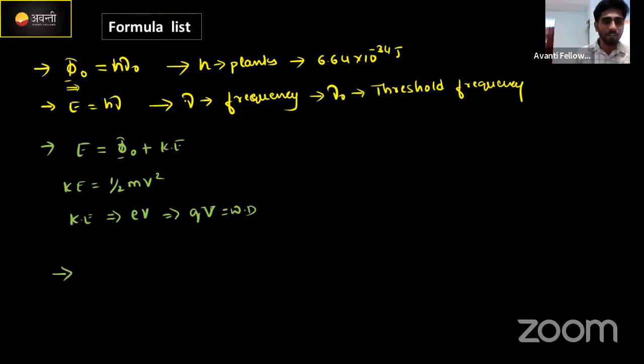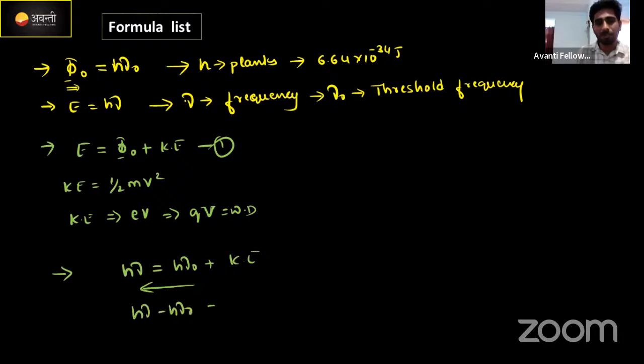Based on equation number 1, we can write E as h nu is equal to h nu naught plus kinetic energy. Take this to the other side: h nu minus h nu naught is equal to kinetic energy. This is also one of the formulas. Then substitute the value of nu: nu is c by lambda, and nu naught is c by lambda naught.